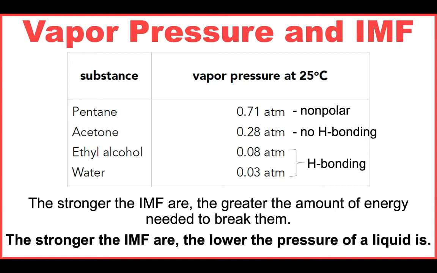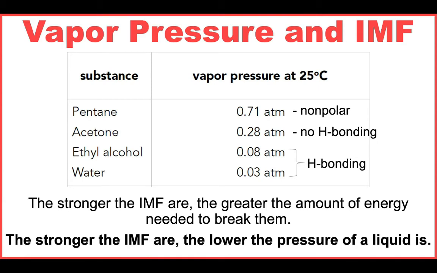Again, this is another relationship: vapor pressure is inversely proportional to IMF. Now, the relationship between vapor pressure and strength of intermolecular forces is consistent with the trends in two other properties of liquids: the enthalpy, or molar heat of vaporization, and the boiling point of the liquid.